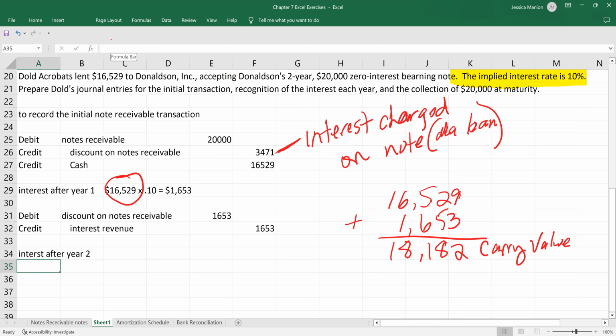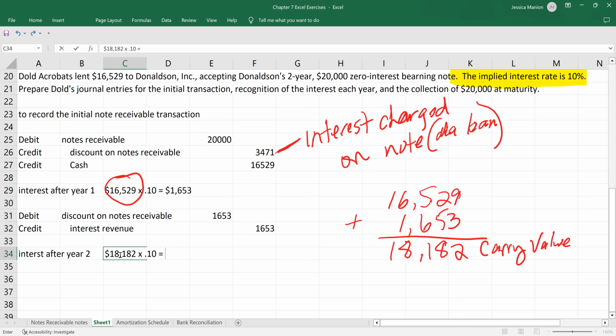Okay. So now our interest, and again, I'll put it up here. We're going to take that carrying value, 18,182, times 0.10, the 10%.